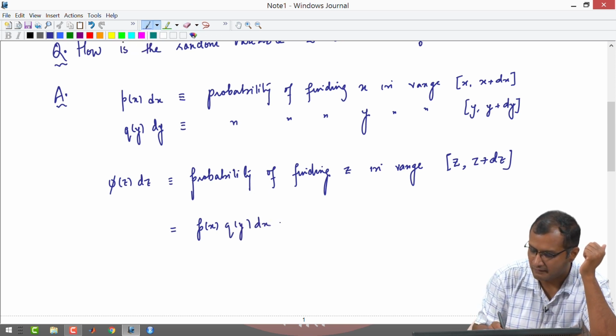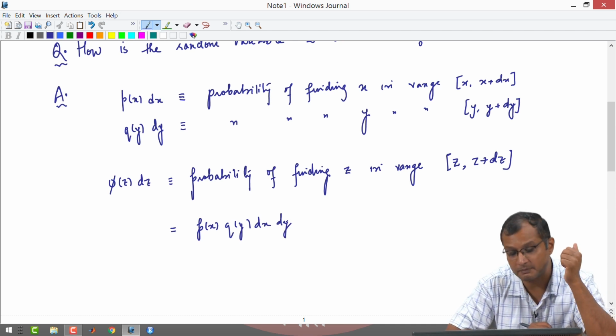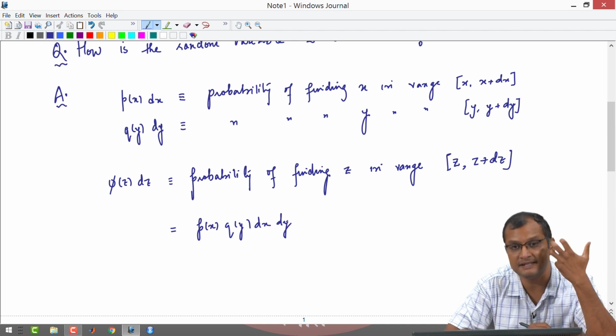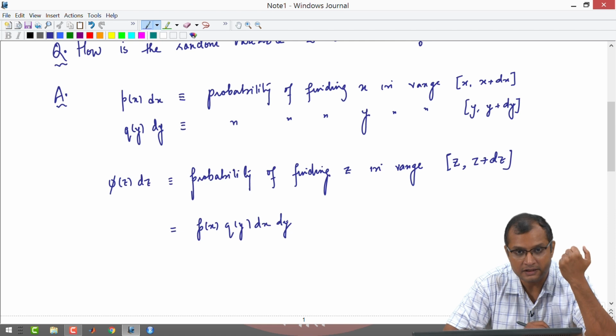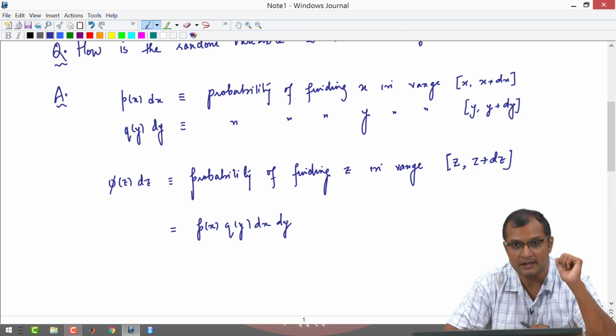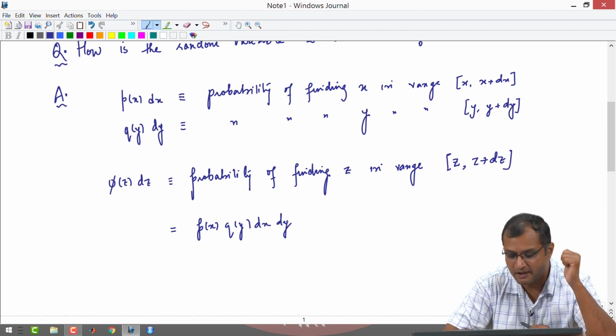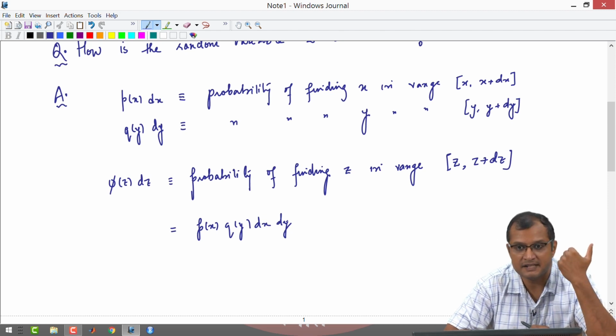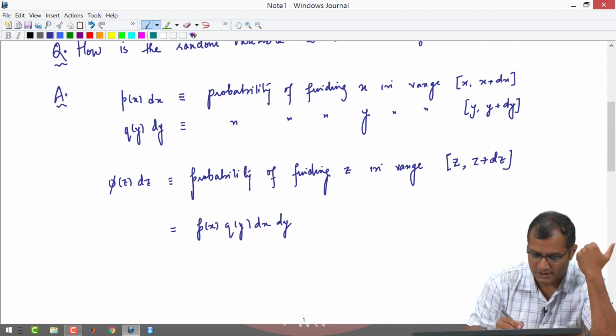into dx dy. You will be tempted to say that since p of x dx is the probability of getting x in the interval x to x plus dx, q of y dy is certainly the probability of getting y in the range y to y plus dy. So, phi of z dz, where z is the sum x plus y, is given as p of x dx into q of y dy. No, that is not true.